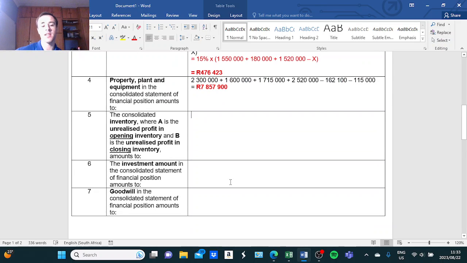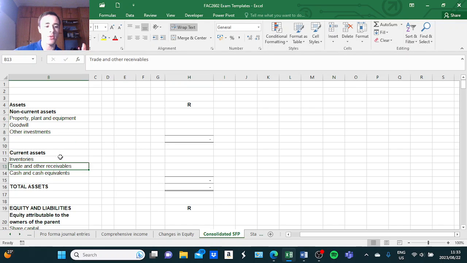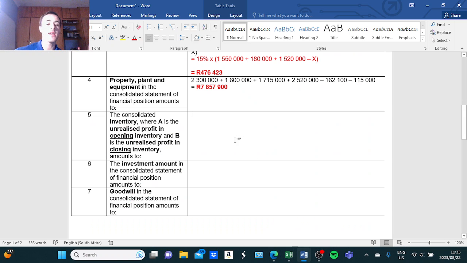Question 5 asks about the consolidated inventory that will be disclosed in the consolidated statement of financial position. What amount will you disclose as inventory, where A is the unrealized profit in opening inventory?